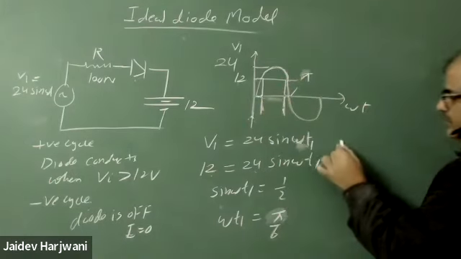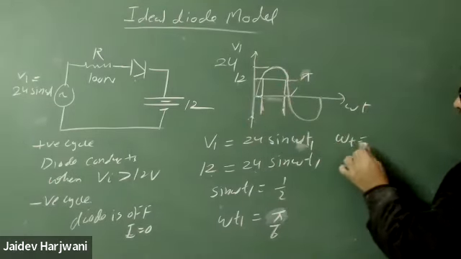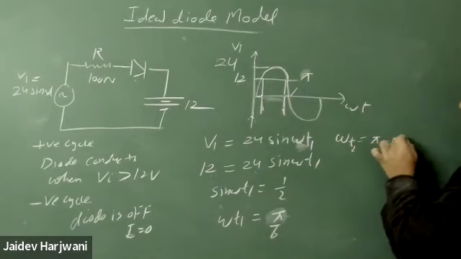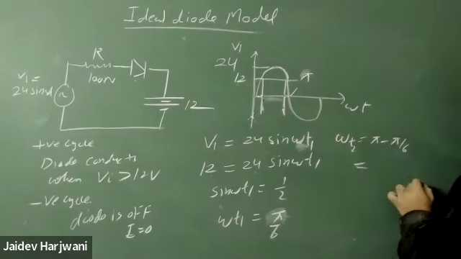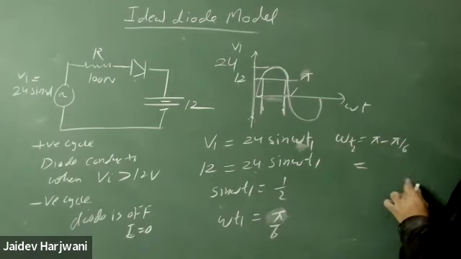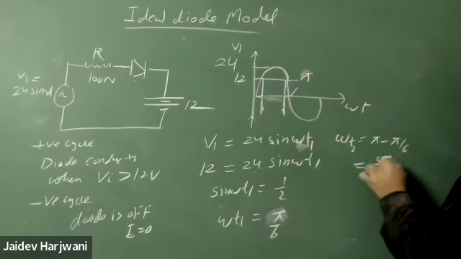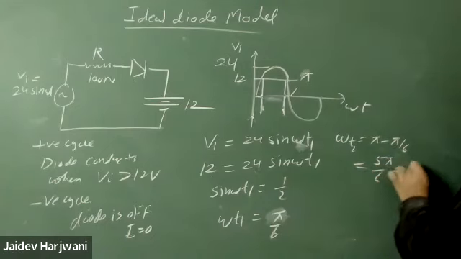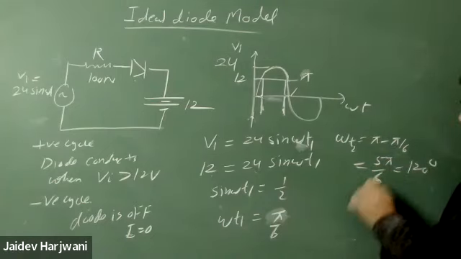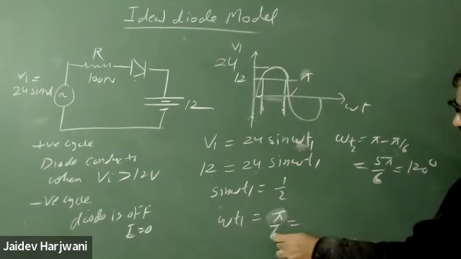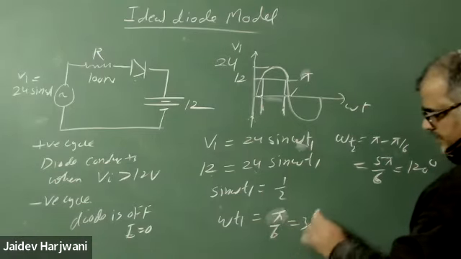So this point omega t2 will be pi minus pi by 6, which is 150 degrees.